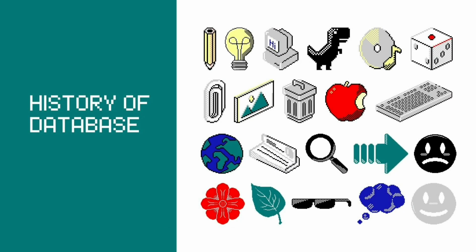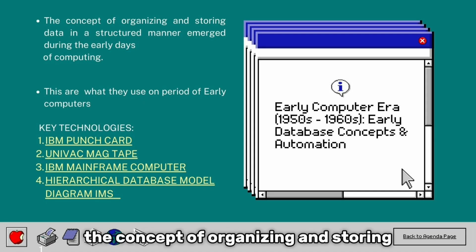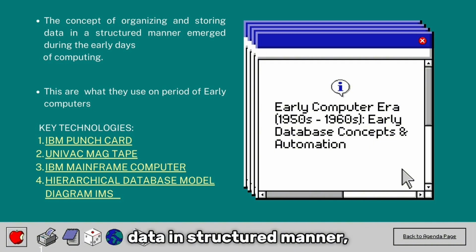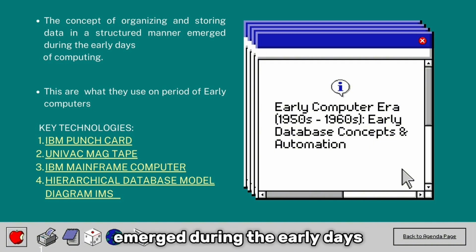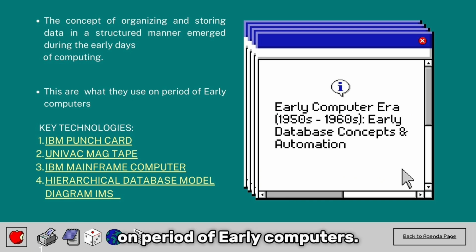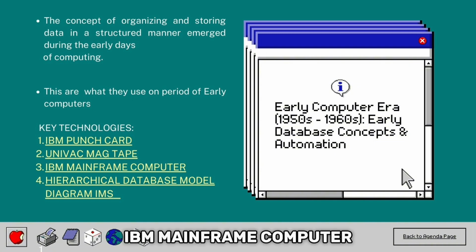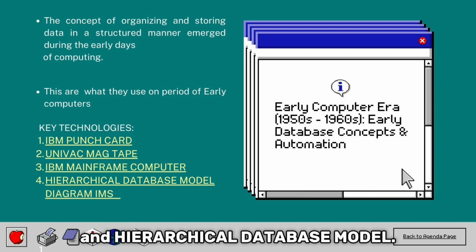History of database. Early computer era, 1950s to 1960s. The concept of organizing and storing data in a structured manner emerged during the early days of computing. Key technologies were IBM punch cards, Univac magnetic tape, IBM mainframe computers, and the hierarchical database model.